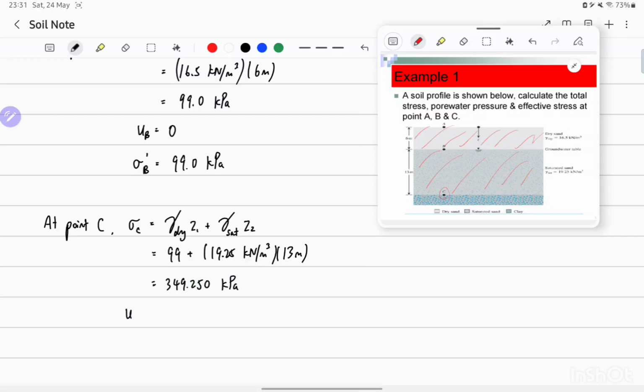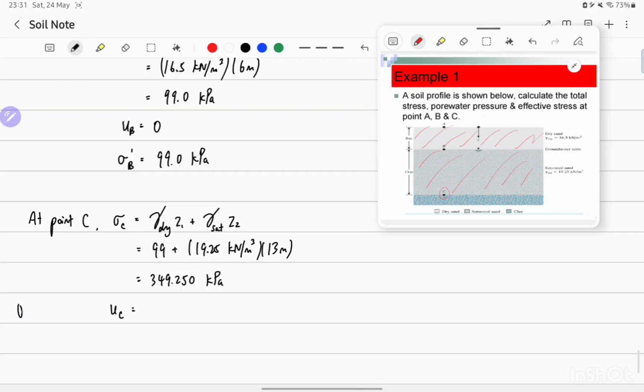And what's the pore pressure? Now for pore pressure, we only use the unit weight of water. There won't be any unit weight other than water. We have mentioned that at this dry sand layer there's no water, so only under the water table has water.